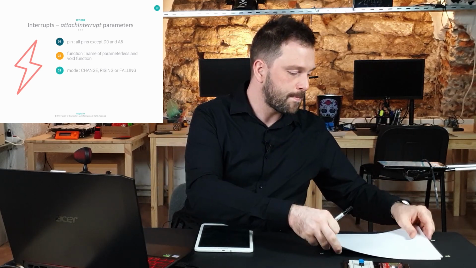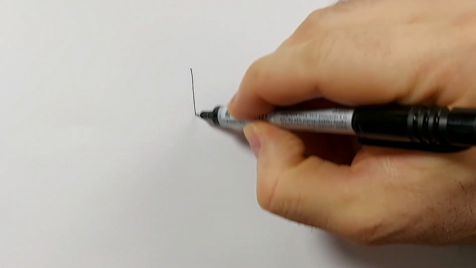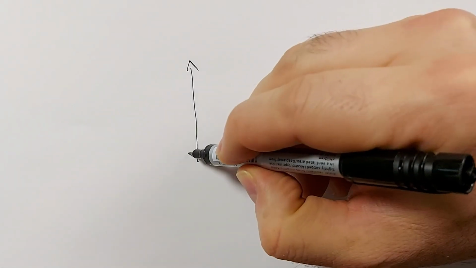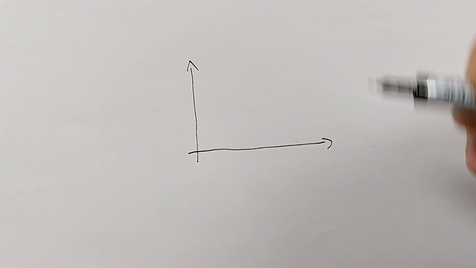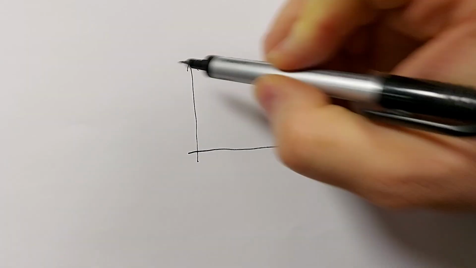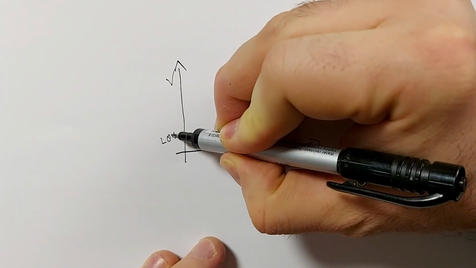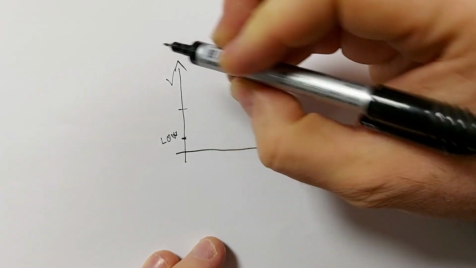Let me just show you how to interpret those modes. Let's say this is time and this is value, probably in some voltage, but the value can be high or low. So let's say this is low and this is high.